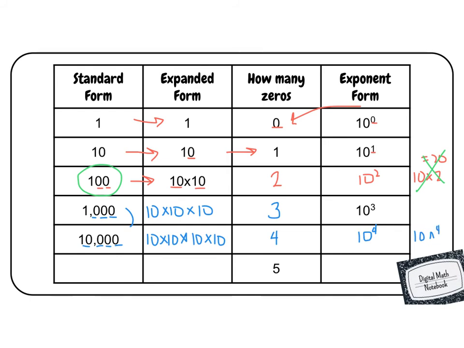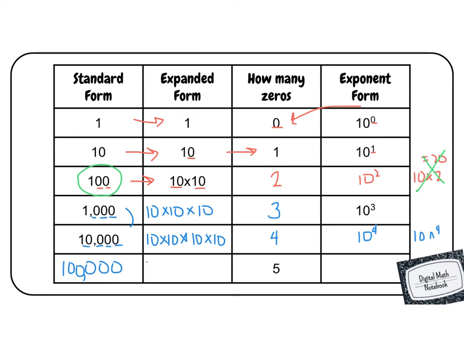The next row, let's see, we start with the number of zeros. Okay, so that would be 1, and then 1, 2, 3, 4, 5 zeros. Let's go in and add our commas. So that looks like that's the number 100,000.